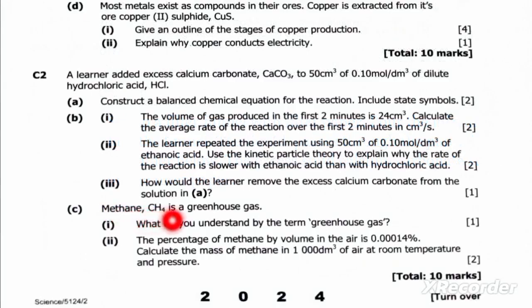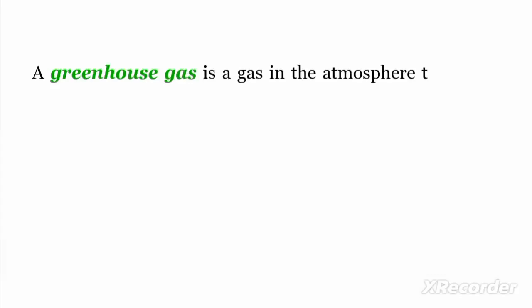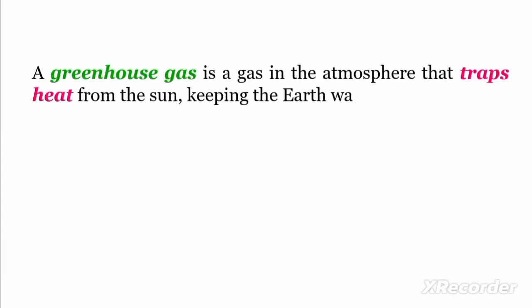Methane is a greenhouse gas. What do you understand by the term greenhouse gas? So what is a greenhouse gas? A greenhouse gas is a gas in the atmosphere that traps heat from the sun, keeping the Earth warm.